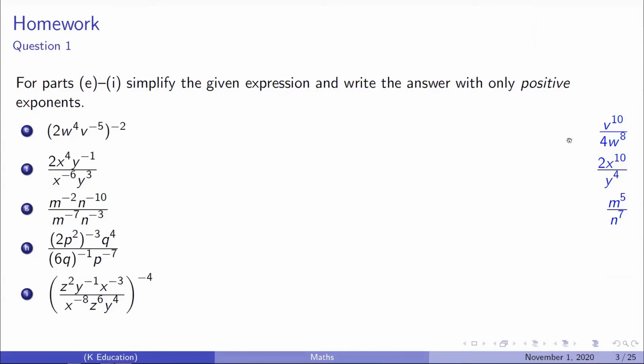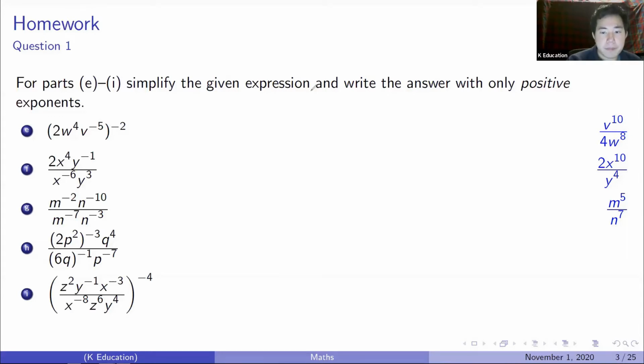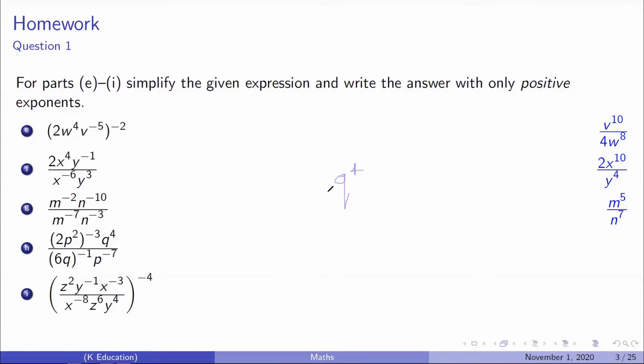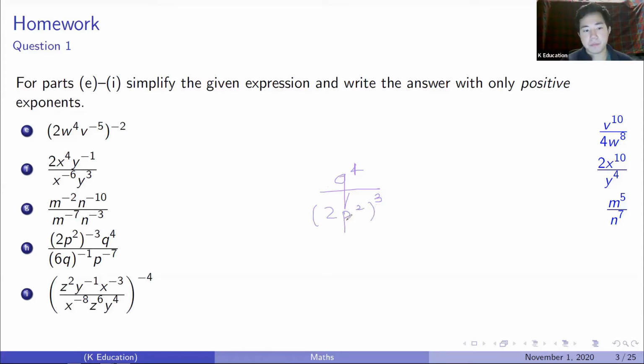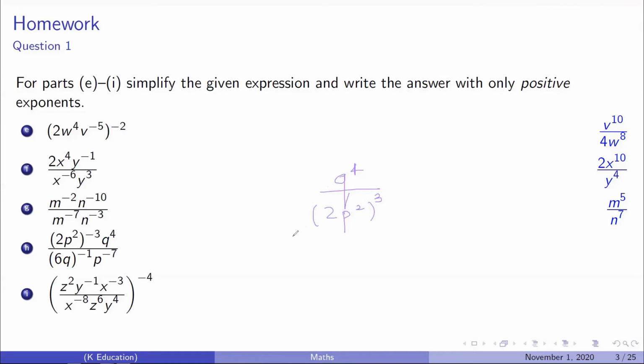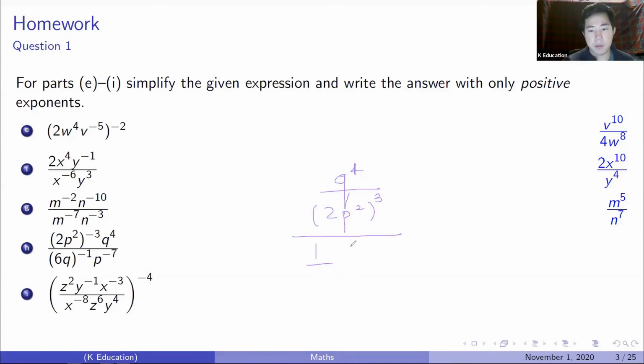Let's come back to Felicity for part H. For H, okay. I got q to the 4 at the top, over open bracket 2p to the power of 2, close bracket cubed. Yep. And then under that, 1 over 6q p to the power of 7. Yep.